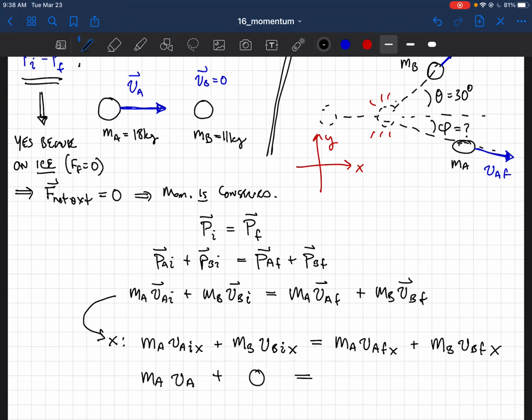Do the same thing on the other side. What is mA vAfx? Well, this vector here, I don't know what it is, but I know that it should point generally in this direction, and it's going to have a positive x component. So there's two ways that I could do it. I could write it as mA vAf magnitude times cosine of phi.